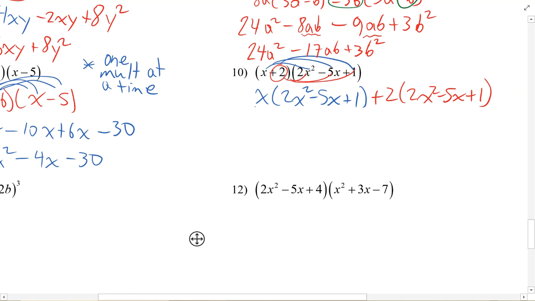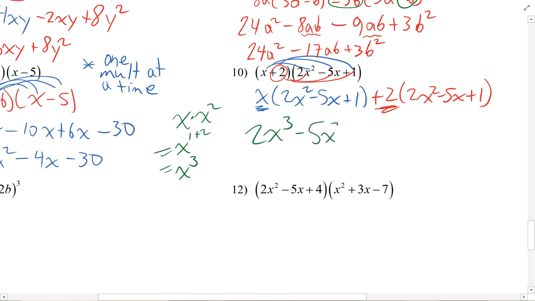I have my x at the front and its multiplications, and my plus 2 at the back and its multiplications. So when I multiply, I will get x cubed. Watching my exponents, I add them together. So x times x squared equals x to the 1 plus 2 on my exponents, which equals x cubed, minus 5x squared plus 1x, plus 4x squared minus 10x plus 2.